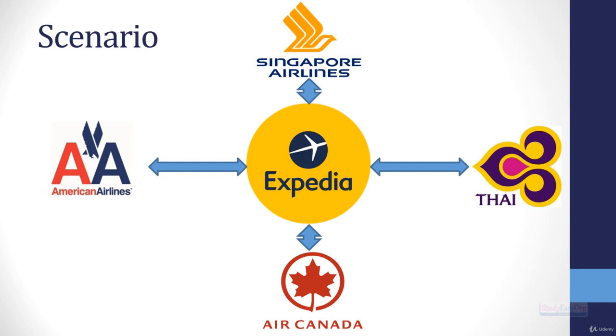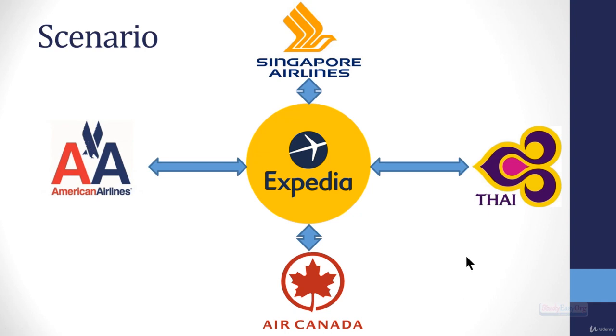Now let us understand why web service is used. Consider a booking website like Expedia, which can be used to book airline tickets. There could be numerous airlines: American Airlines, Singapore Airlines, Thai Air, Air Canada, and so on. Expedia doesn't know how the internal systems of these airlines work, but it still needs a way to make modifications inside the databases of these airlines.